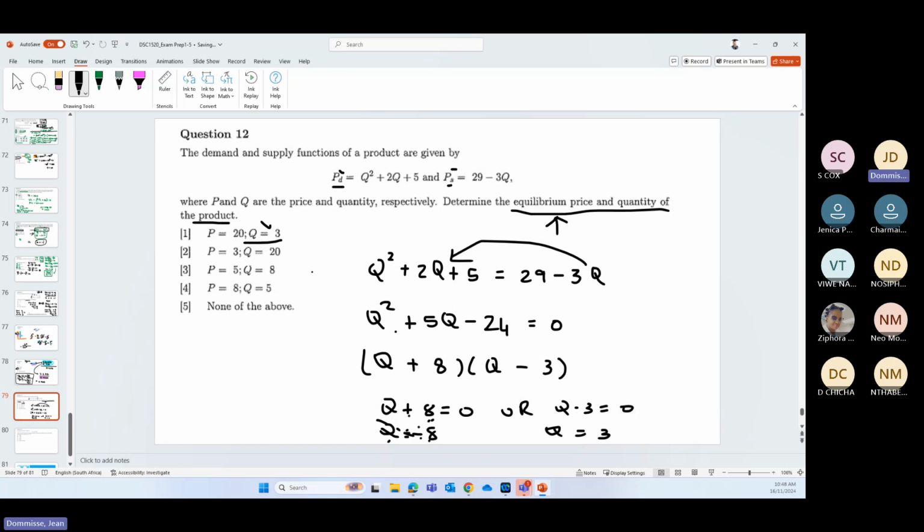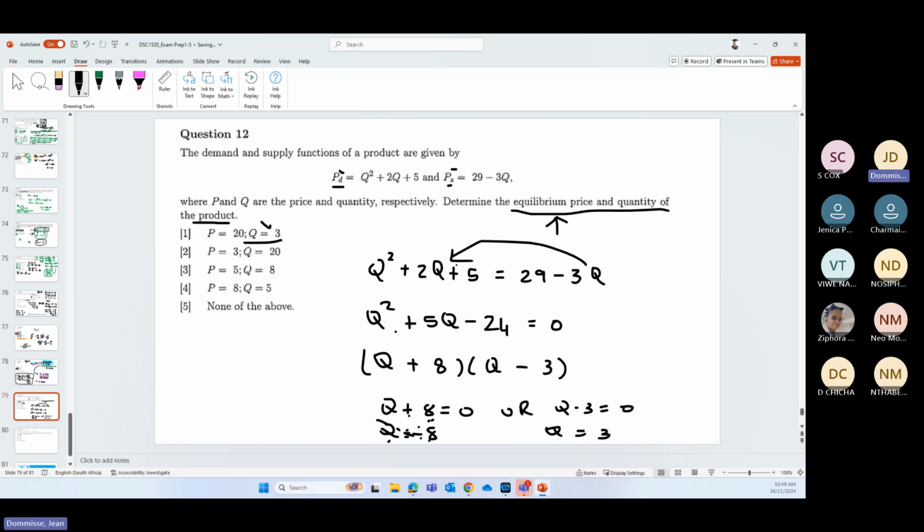So we know that Q is 3. You can see here is for Q equals 8 if we'd made it a negative there and a positive, we would have gotten Q equals 8. There is a Q equals 5 if you just said 5Q, Q is equal to 5.